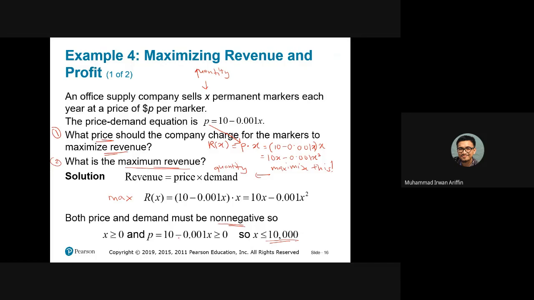How do we know this? From here, you simply need to solve for X here. Remember matrix algebra, the linear programming, the inequality. We have done this before, so make sure you know how to solve for X. When you solve for this, you know that X will be less than or equal to 10,000.